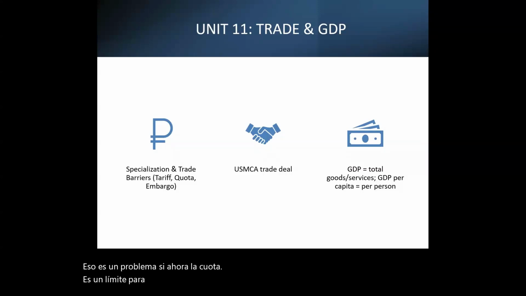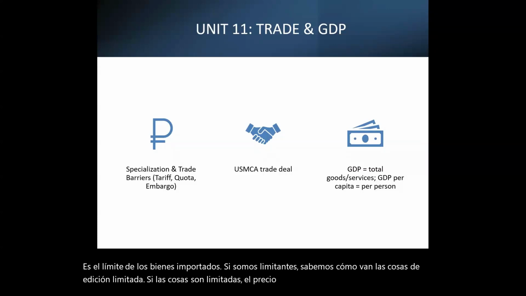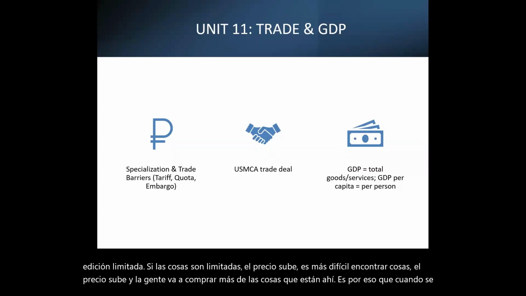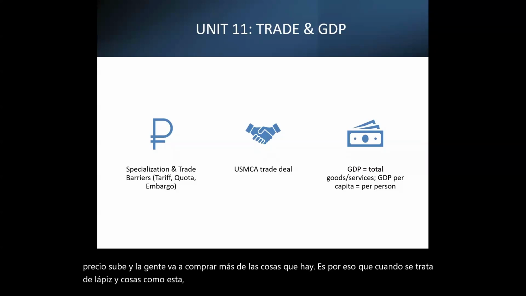Now quota, it's a limit on imported good. If we're limiting, we know how limited edition things go. If things are limited, the price goes up. It's harder to find things, the price goes up. And people are going to buy more of the stuff that is there. That is why when it comes to pencils and things like this, the number one company that produces it is China.